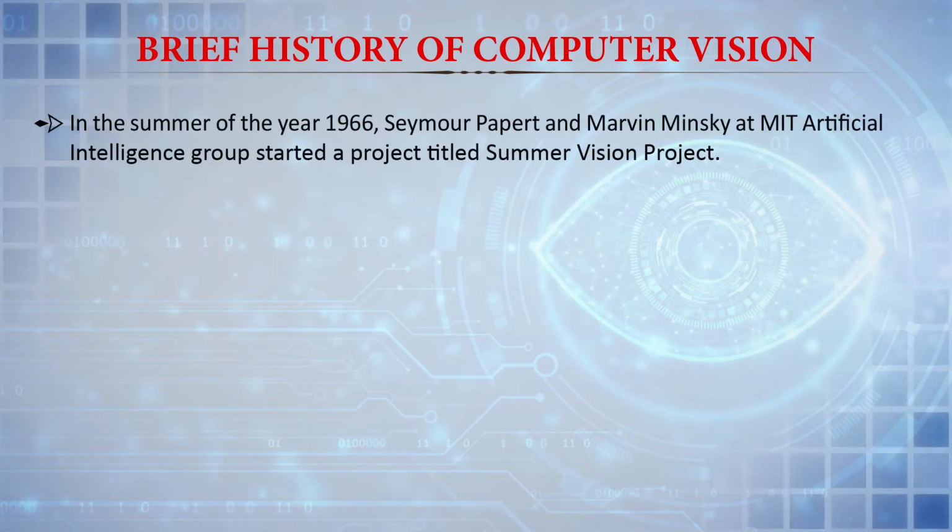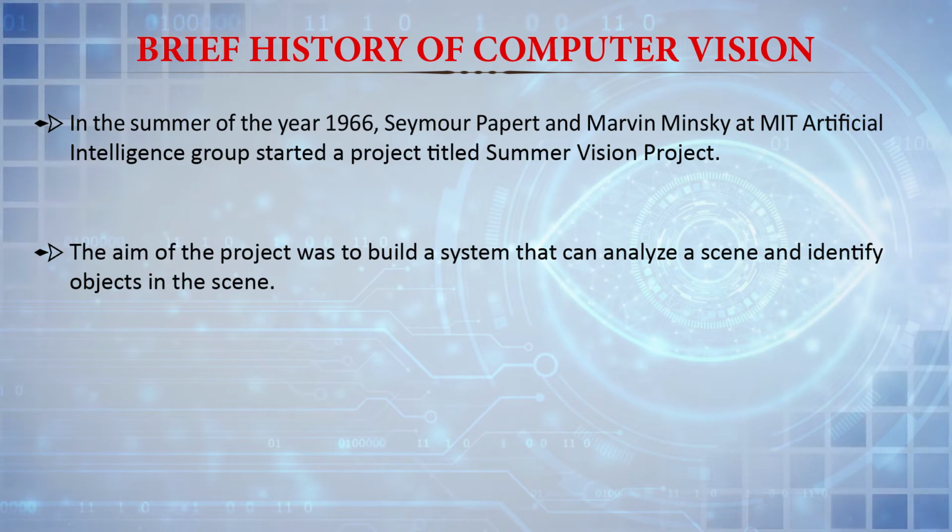So, let us see the brief history of computer vision. In the summer of 1966, Papert and Minsky at the MIT Artificial Intelligence Group started a project titled Summer Vision Project. So, this was the start point of computer vision. The aim of this project was to build a system that can analyze a scene and identify objects in the scene.